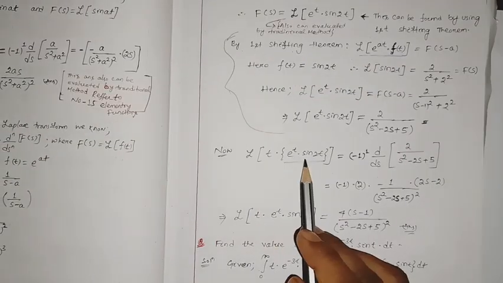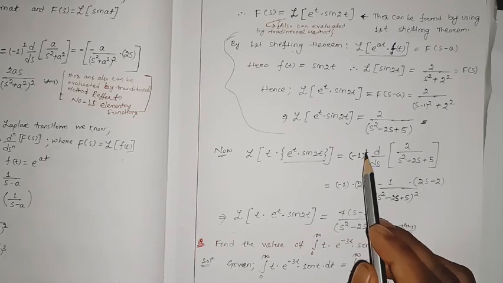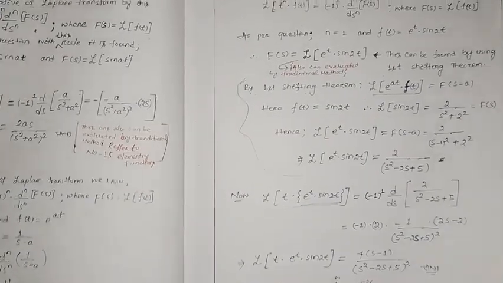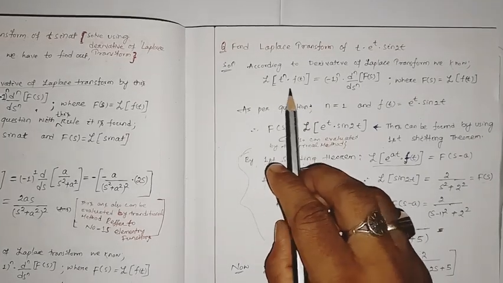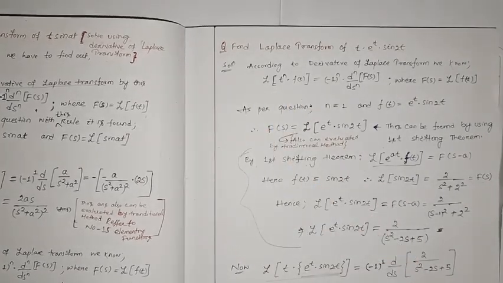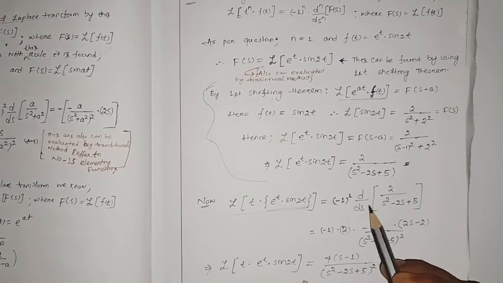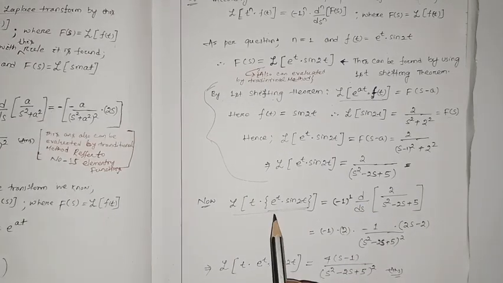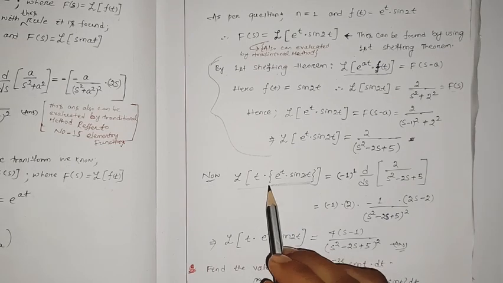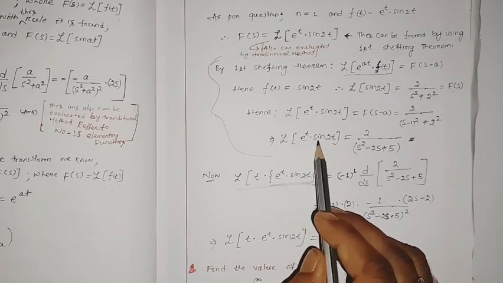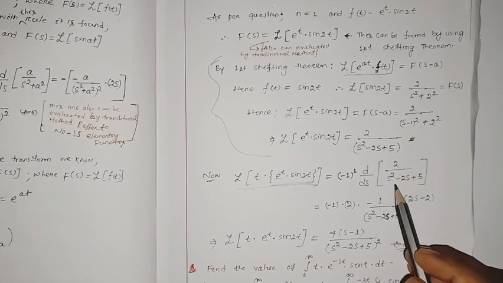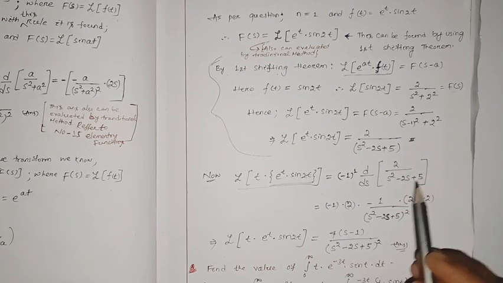So the result will be minus 1 to the power n, where n is 1, so minus 1 to the power 1, times the first derivative of the Laplace transform of this function. We found the Laplace transform of this function to be 2 by s square minus 2s plus 5.